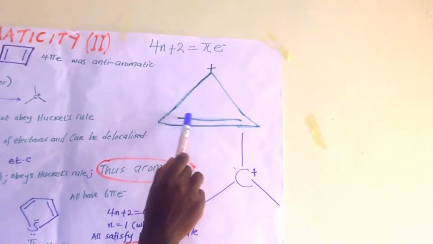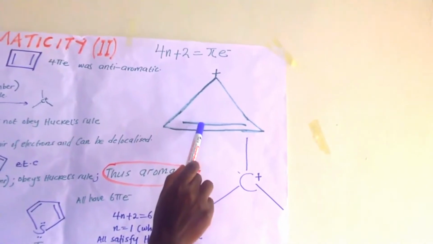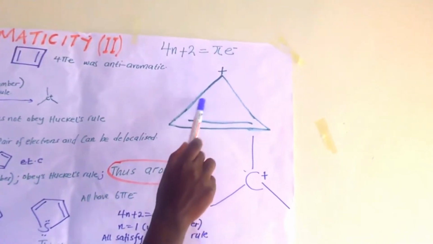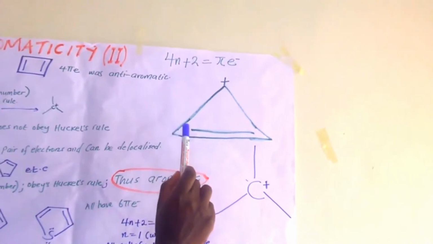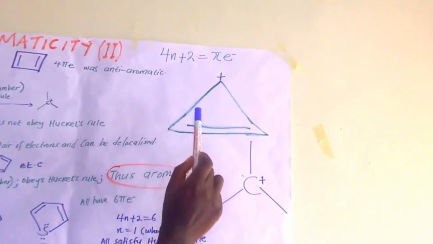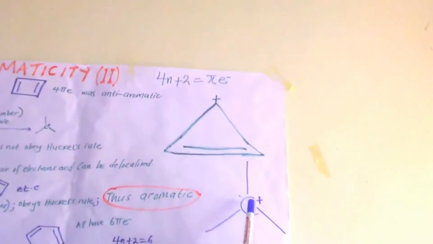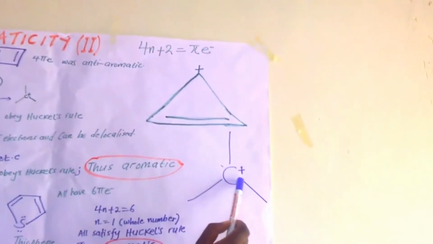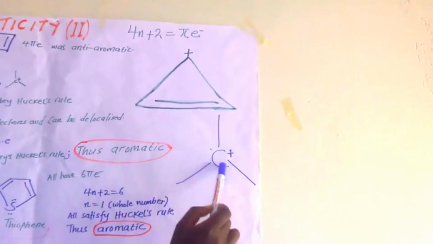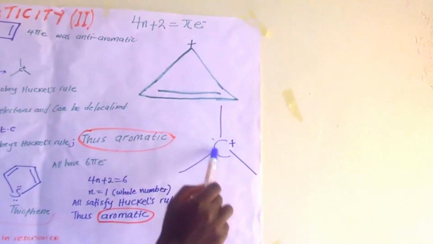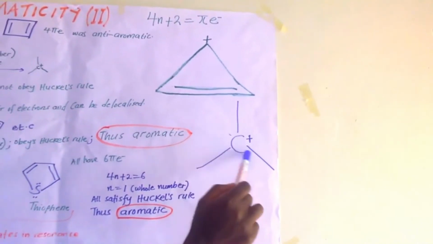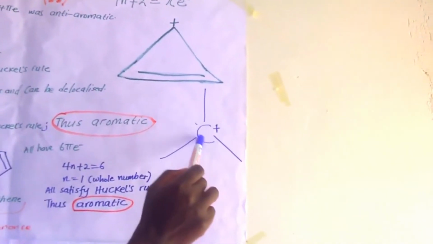In the end, we shall have three resonance structures from this with alternating carbocation. The carbon with a positive charge is still planar, so all the carbons are planar. It is cyclic, it is also conjugated.